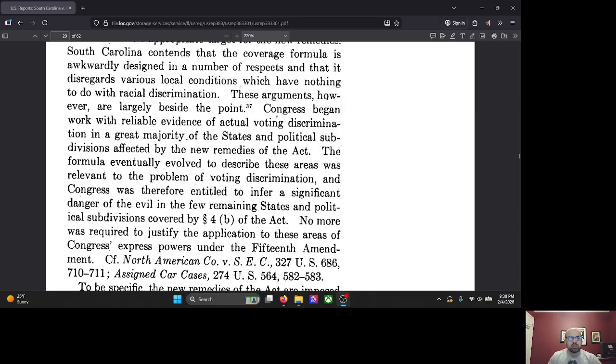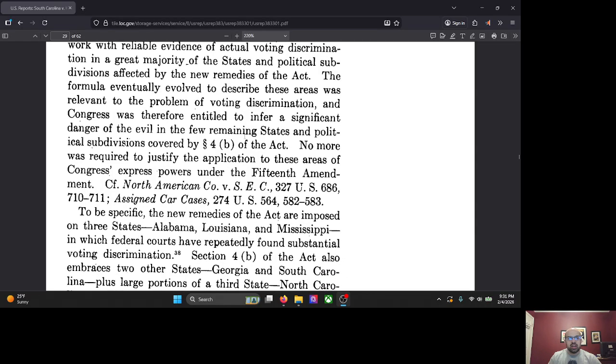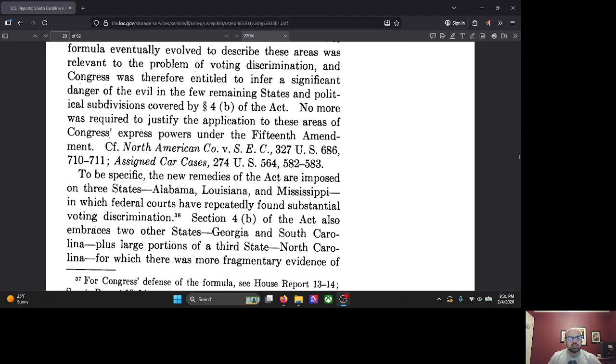The formula eventually evolved to describe these areas was relevant to the problem of voting discrimination, and Congress was therefore entitled to infer a significant danger of the evil in the few remaining states and political subdivisions covered by subsection 4b of the Act. No more was required to justify the application of the Act to these areas under Congress's express power under the 15th Amendment.